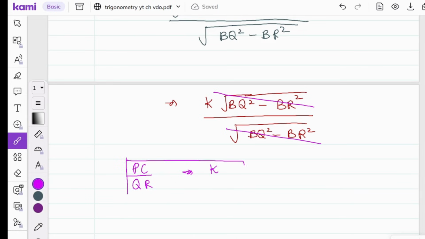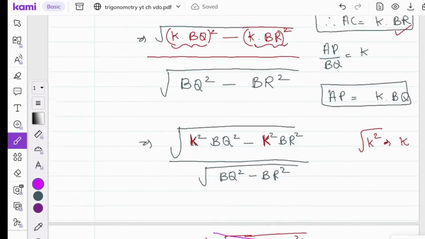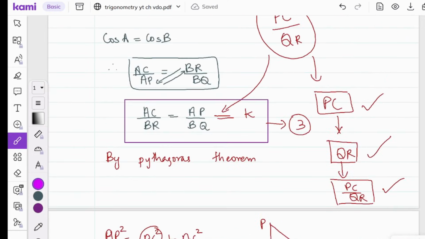Clear? Now look, we have another equation, equation number 3.